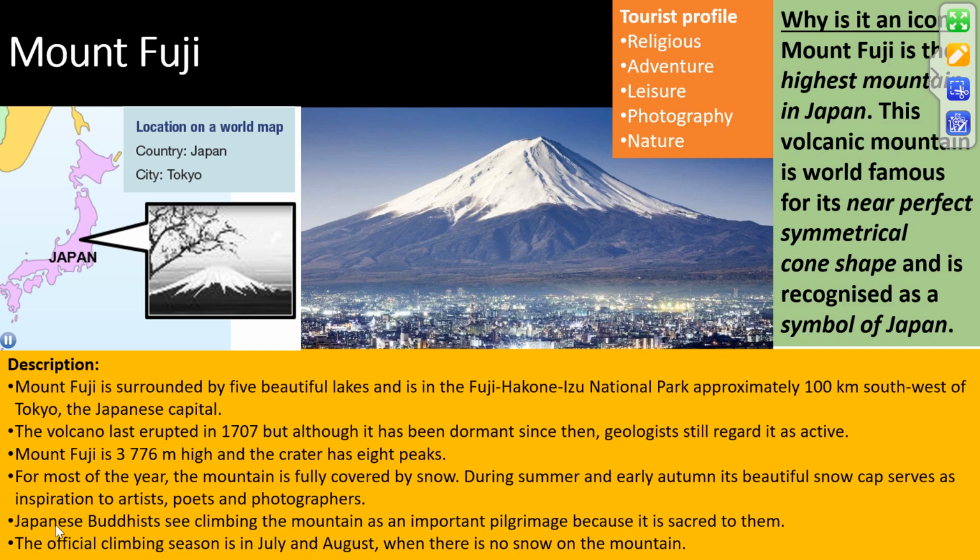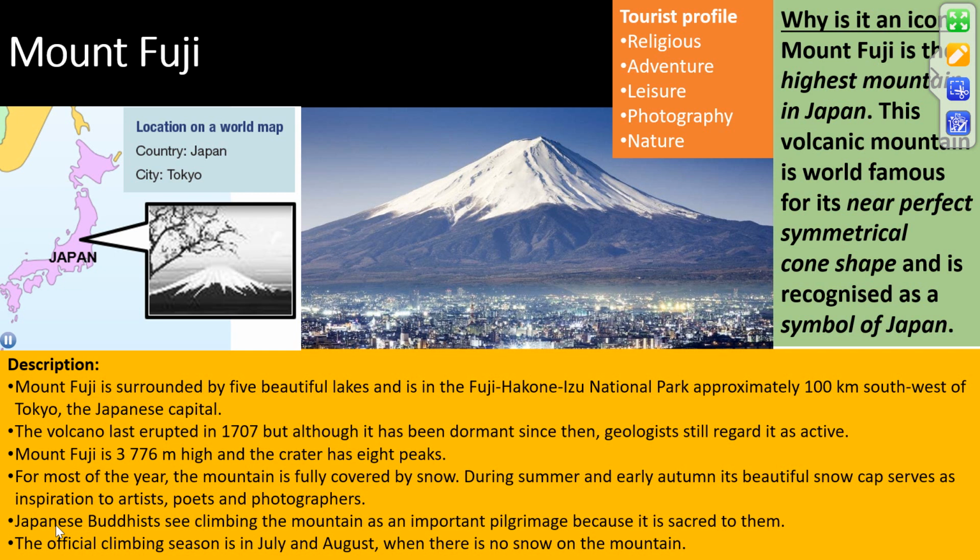Mount Fuji itself is surrounded by 5 beautiful lakes and located in the Fuji Hakone-Izu National Park. I hope I said that properly. Apologies if I mispronounced it. Which is located approximately 100 kilometers to the southwest of Tokyo.